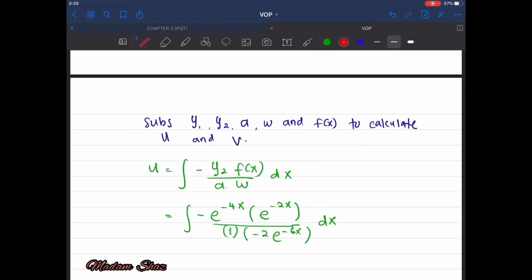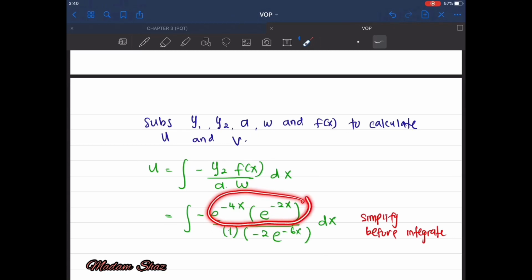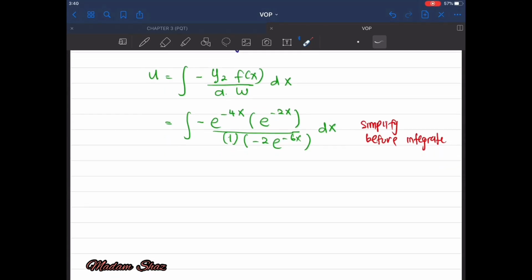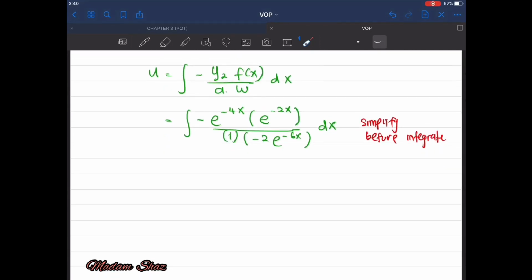Now you have to simplify before we integrate. You have exponent at the top and exponent at the bottom, so you have to simplify the exponent. If you have any constant, bring the constant to the front. Negative here and negative at the bottom can cancel out, so the constant you bring outside is 1 over 2.